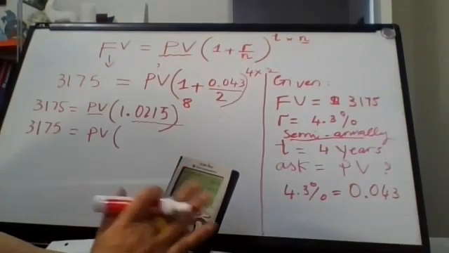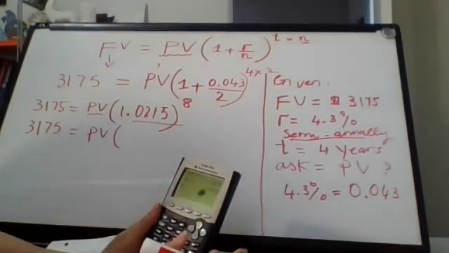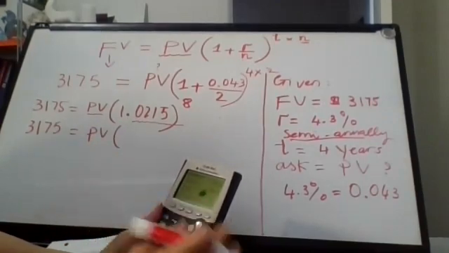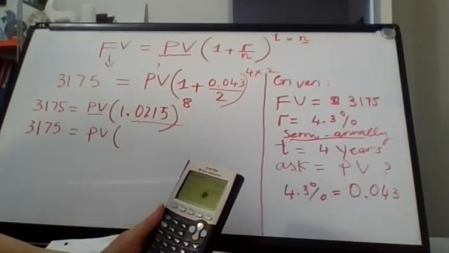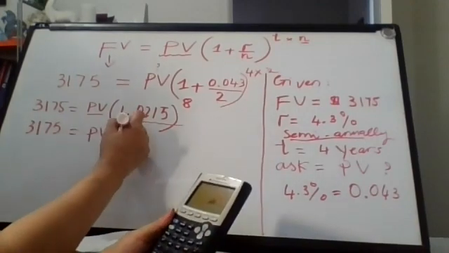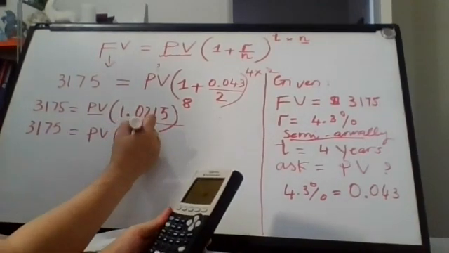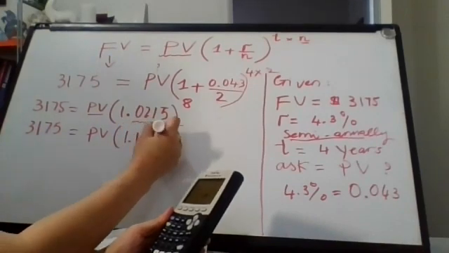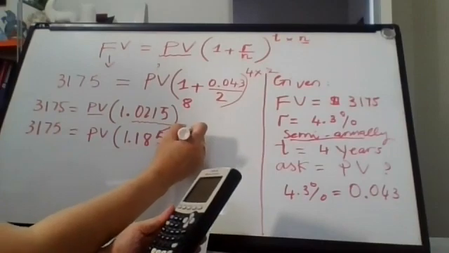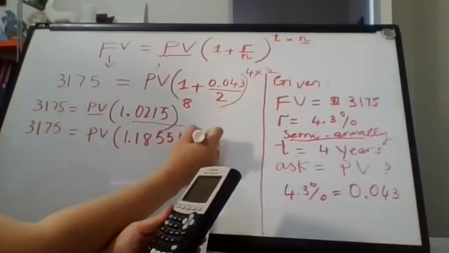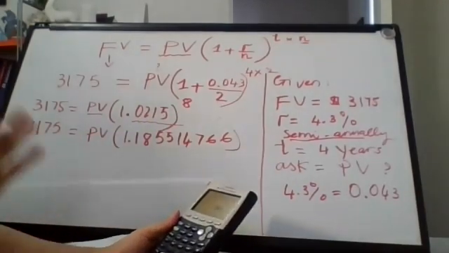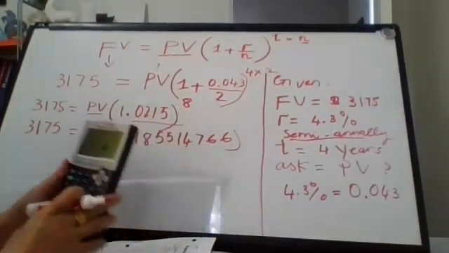Everything you key in, you should leave it. You don't have to erase and then key in again. So now I put the power 8, and I enter. I will get this number, 1.185. I'm going to write out everything so that it's accurate. I'm not going to round it off until the last minute.